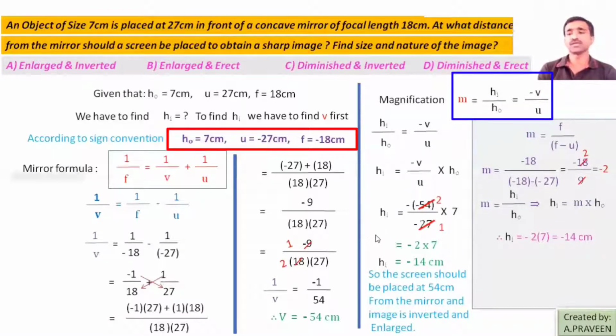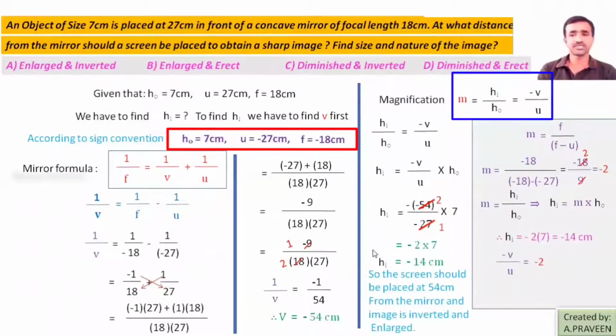I got the image height. So the image height is greater than the object height. Remember that. Then I want to find the image distance also. How to find the image distance here? By using the same magnification relation. So minus V by U is equal to M. I directly substitute M, that is minus 2.